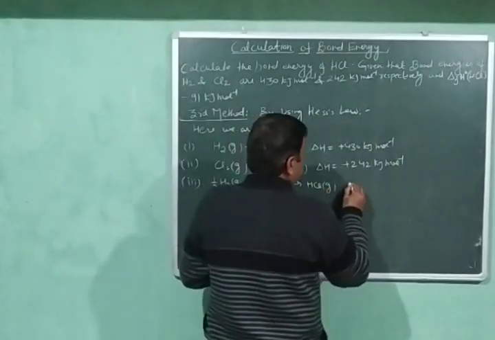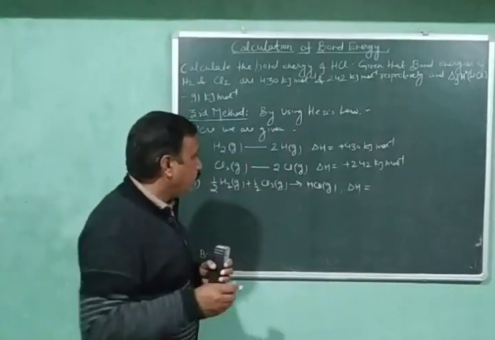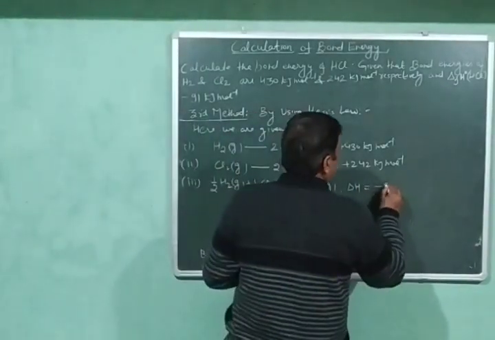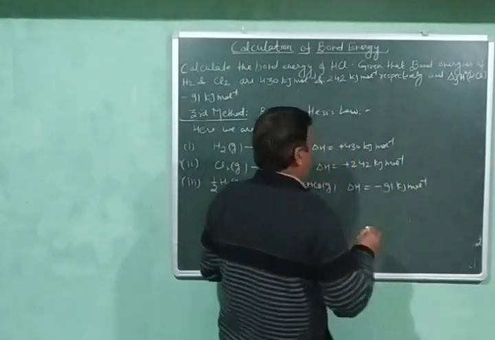And I explained that delta H of this reaction will be equal to the enthalpy of formation of HCl, and it is equal to minus 91 kilojoule per mole.